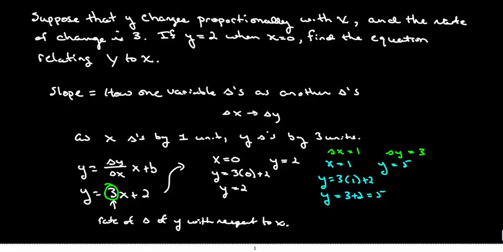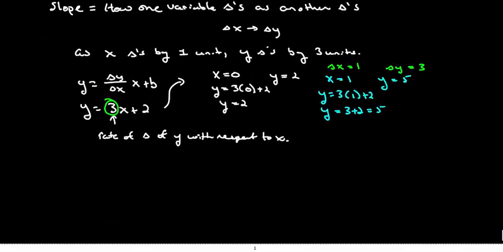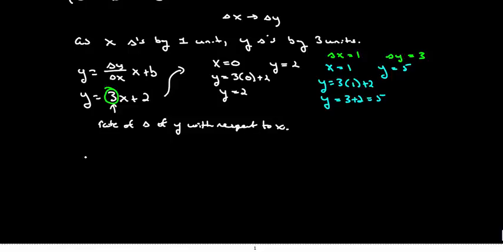Okay, it's that easy. So whenever you see a linear function, let's say we've got a linear function that looks like this. I don't know, y is equal to negative 2/3 x plus 7.